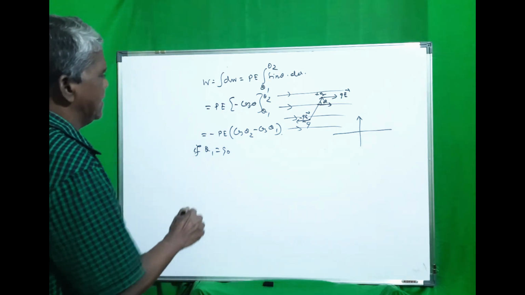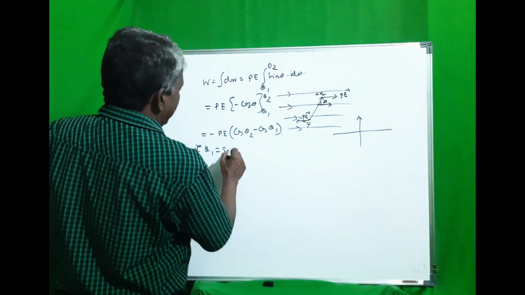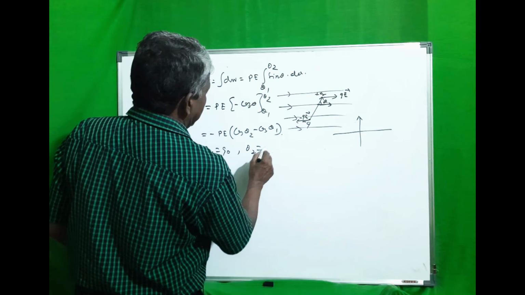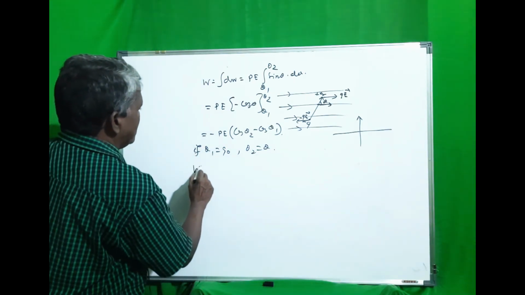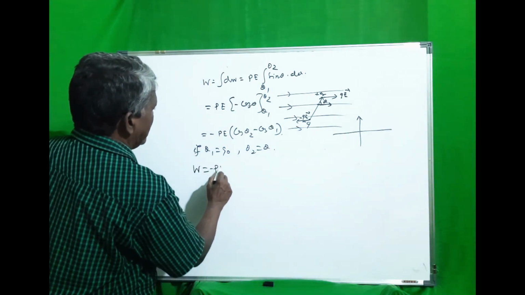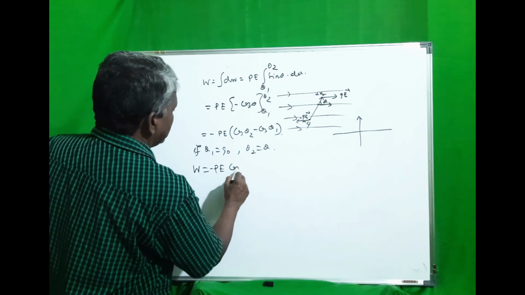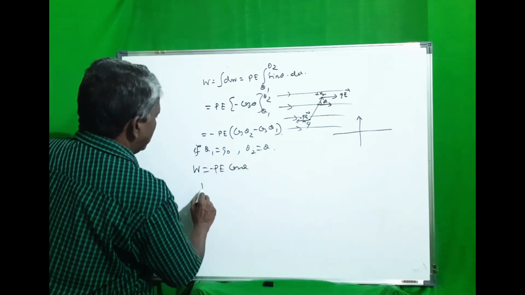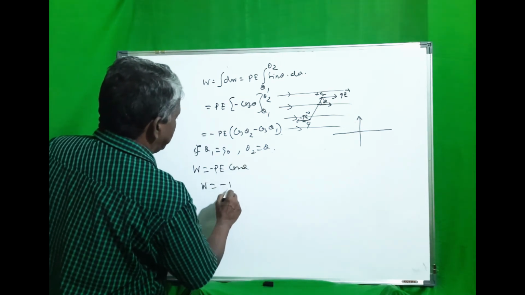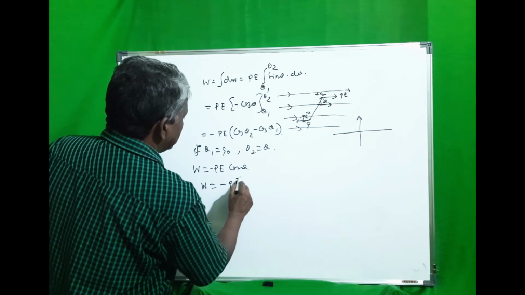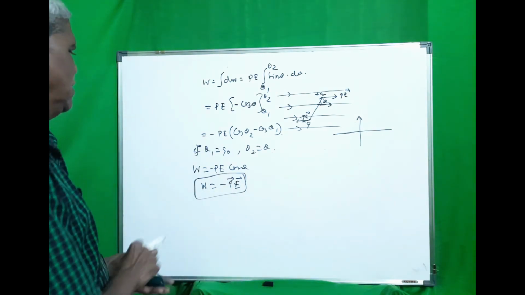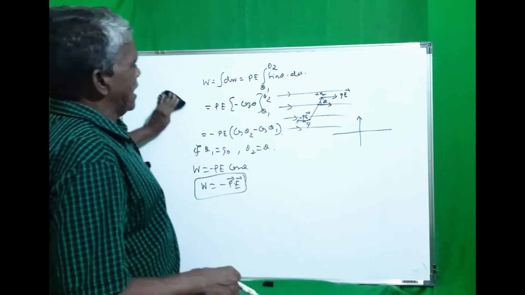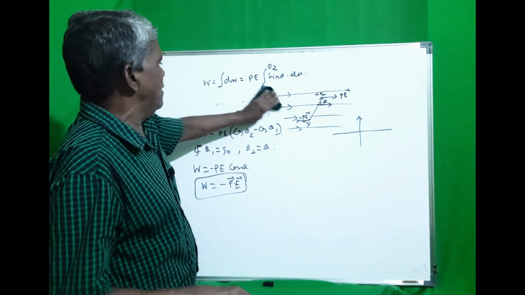If theta 1 is 90 degrees and theta 2 is any angle theta, then W is equal to minus PE cos theta. So W is equal to minus P dot E. Thus, the potential energy of a dipole is the dot product of the dipole moment and the electric field vector.